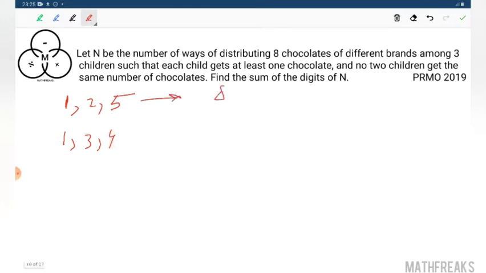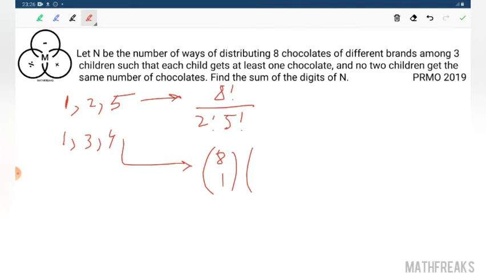This will happen in 8 factorial over 2 factorial, 5 factorial ways, and you can calculate this, you will get the same thing. 8 choose 1, 8 minus 1 choose 3, 8 minus 1 minus 3 choose 4.